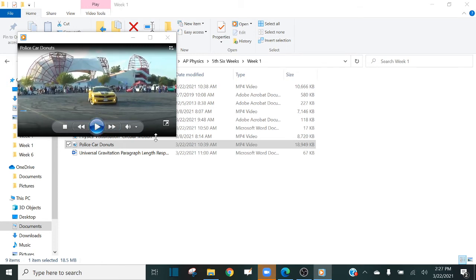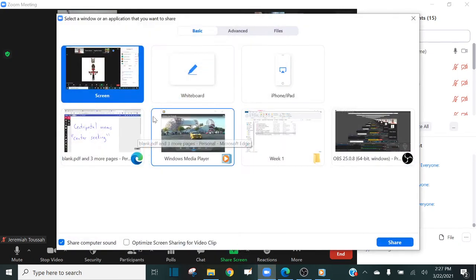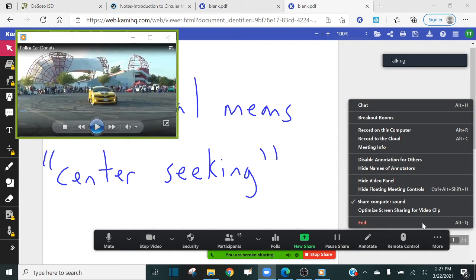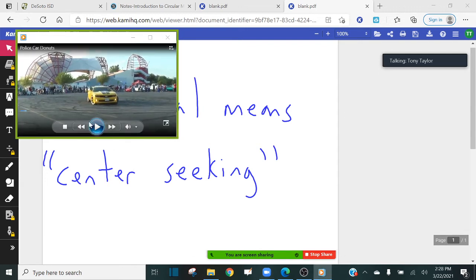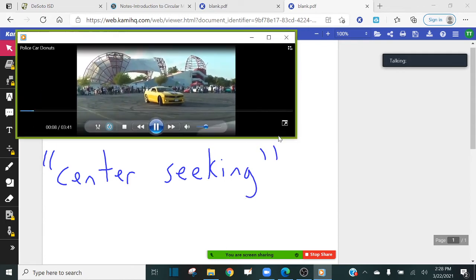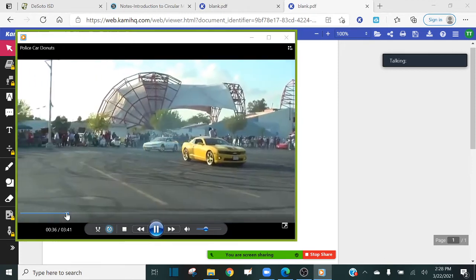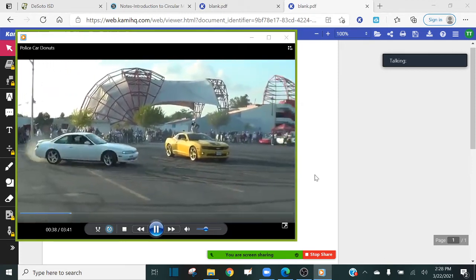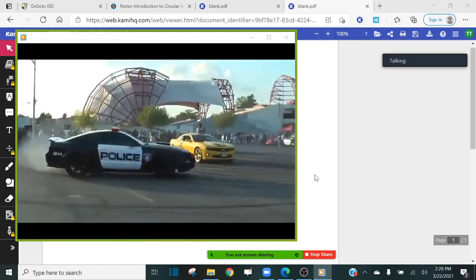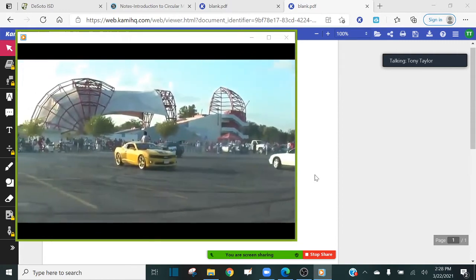Well, guys, in this video clip that I'm about to show, look at these two cars doing donuts. Notice they're continuously moving in a circle.